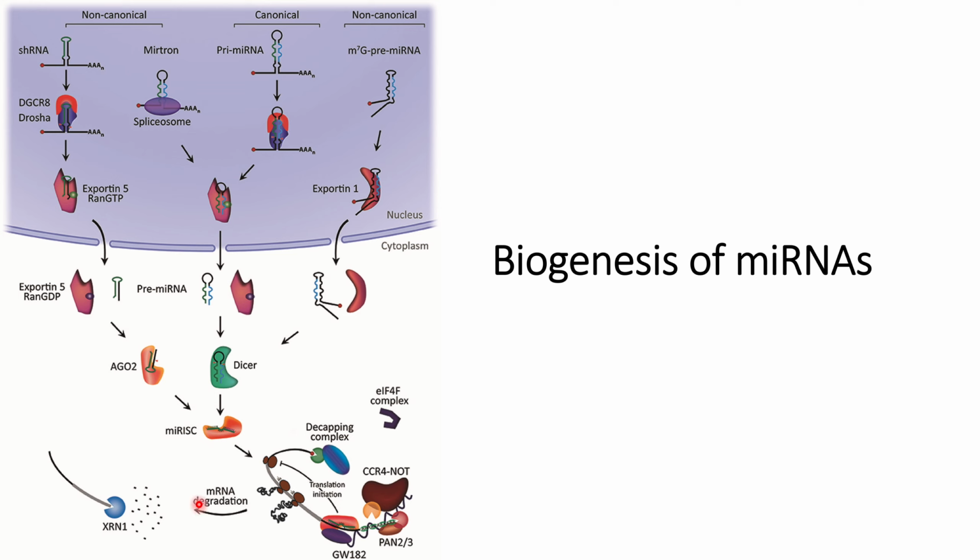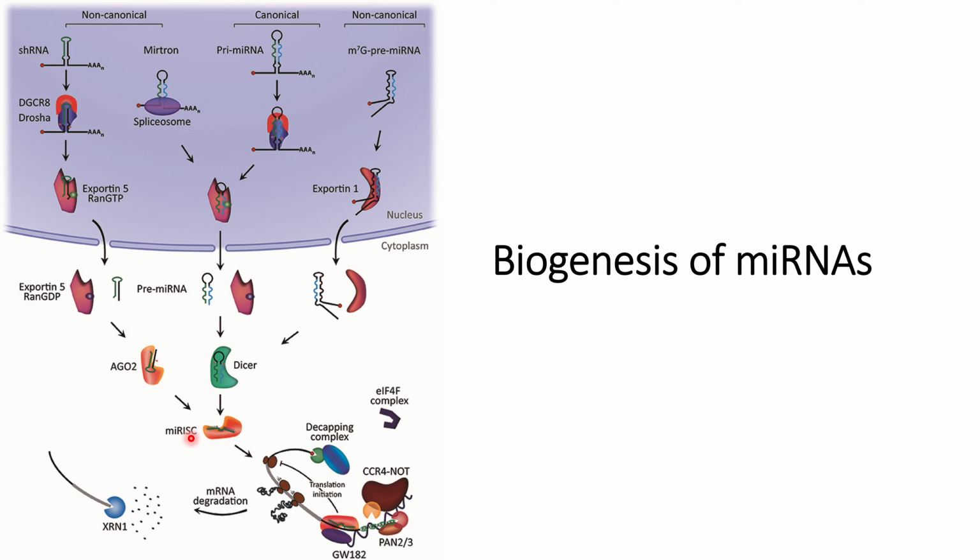And the mRNA degradation is shown in this case, where the miRISC interacts with factors such as the decapping complex, and that will help in mRNA degradation using XRN1. So the things that I have mentioned about instability are actually about mRNA instability.